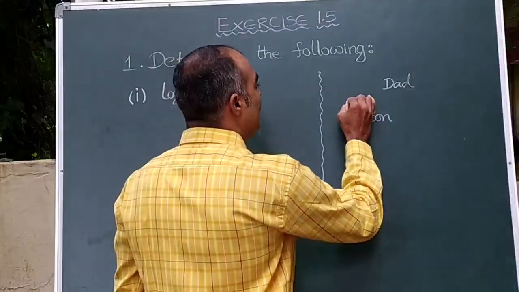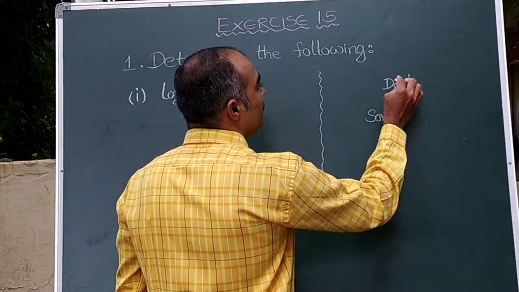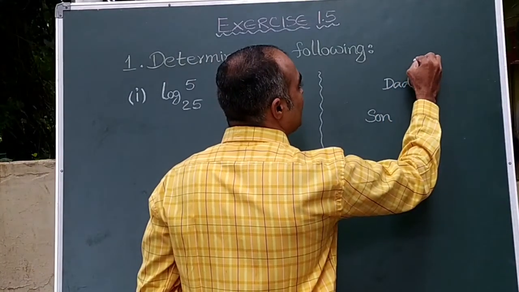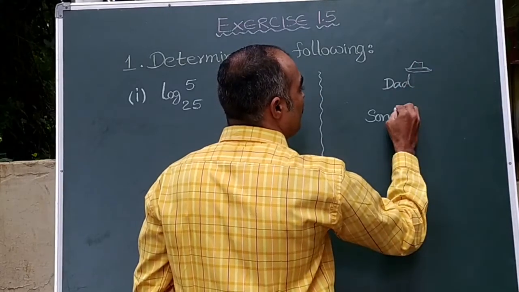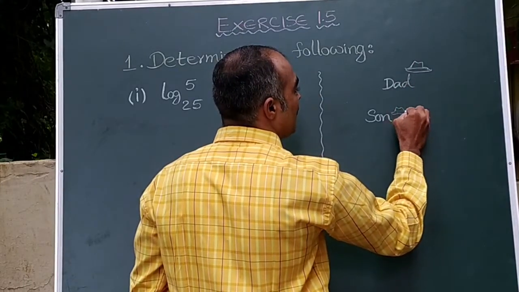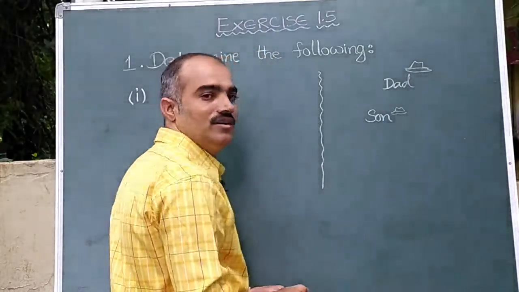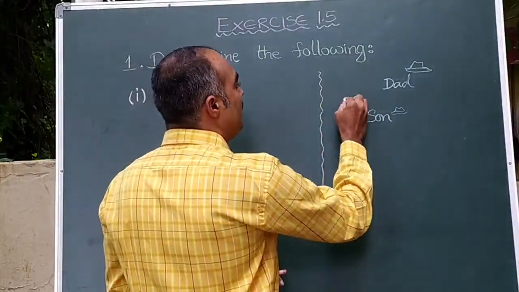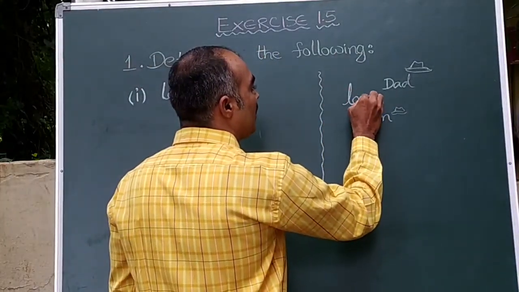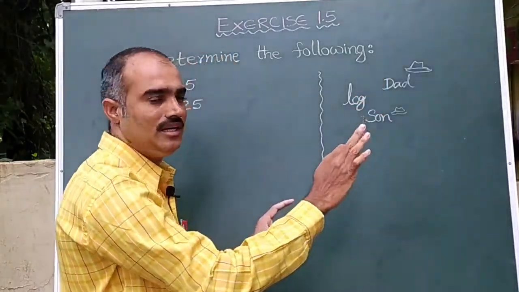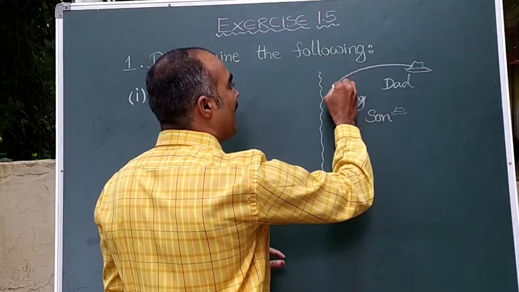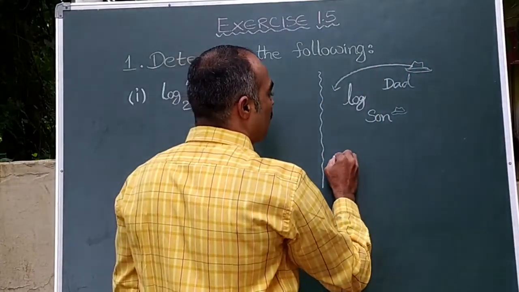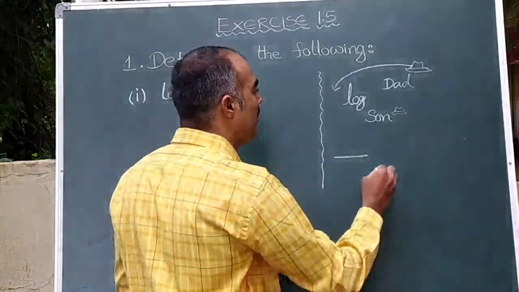Imagine that dad has a cap with him, and the son also has a small cap with him. If we happen to apply logarithm for both, just visualize. Immediately dad will throw his cap. Imagine that here is a table.